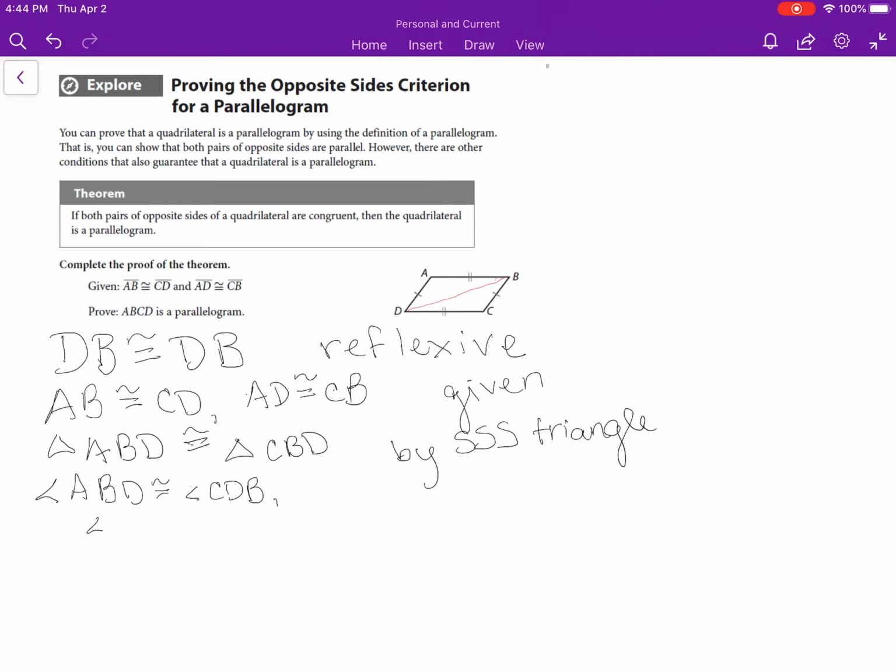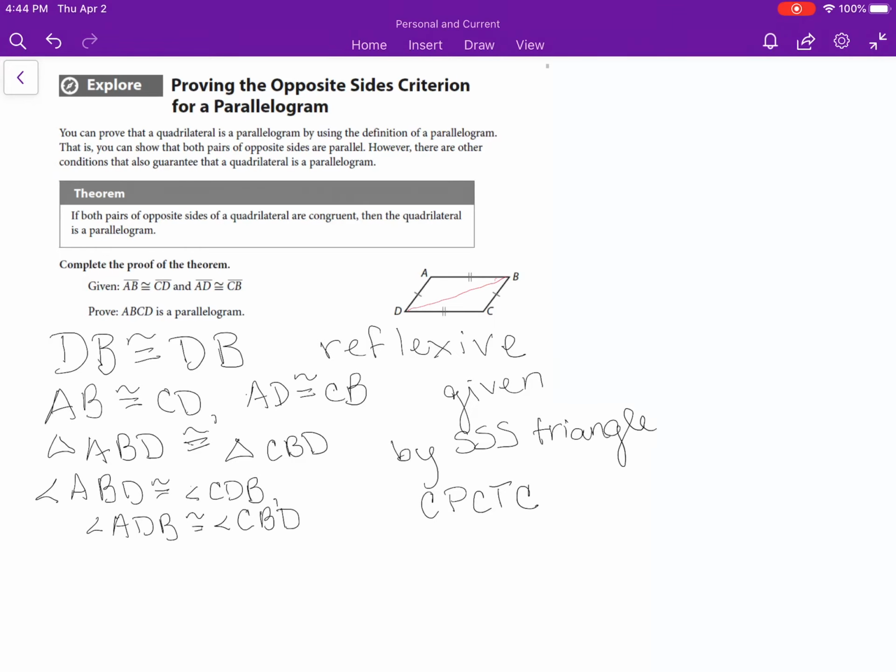And angle ADB is congruent to angle CBD. And this is by our favorite, corresponding parts of congruent triangles are congruent.